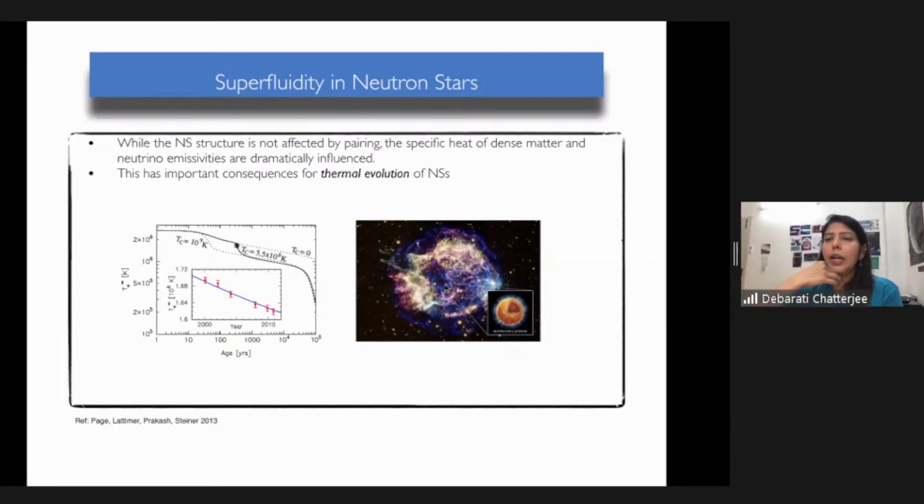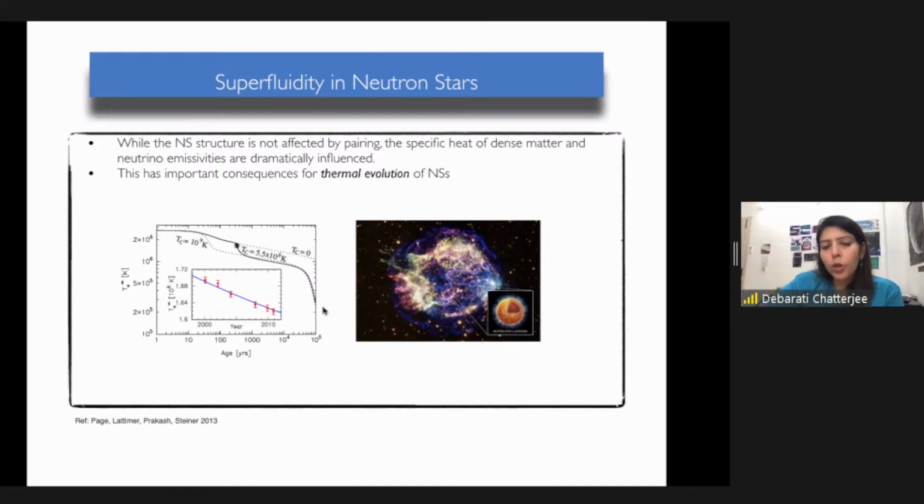This type of behavior is seen in laboratories for superfluid experiments, whereas in neutron stars this was predicted as one of the proposed channels of enhanced cooling that can lead to this kind of sudden cooling behavior.